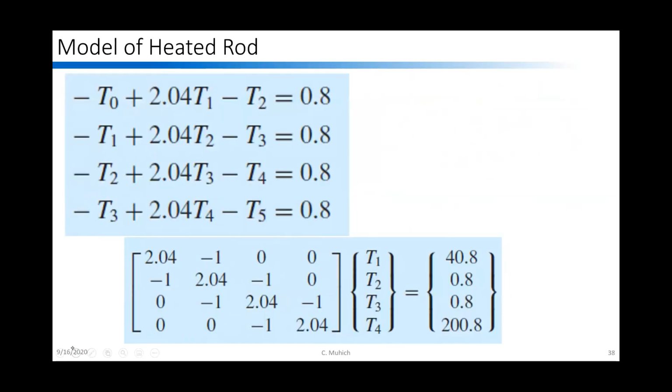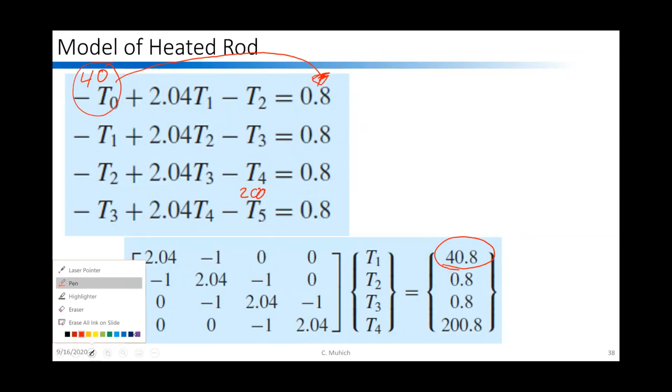So I can take these equations, once again, setting this to be 40 and this to be 200, and I can put them in matrix form. This is a constant, so I'm going to move it over onto this right-hand side. So when I put it in matrix form, I have a negative 40.8 on the right. I can do the same thing down here for this last case.